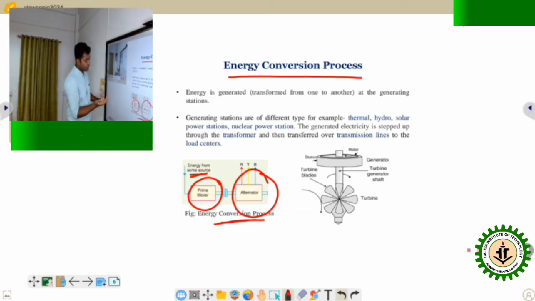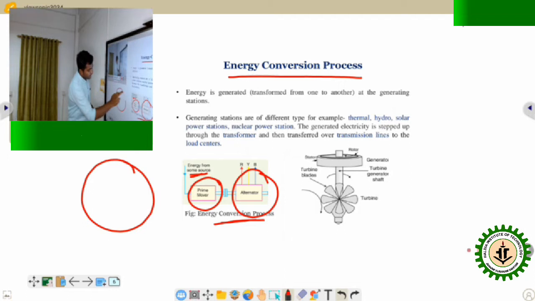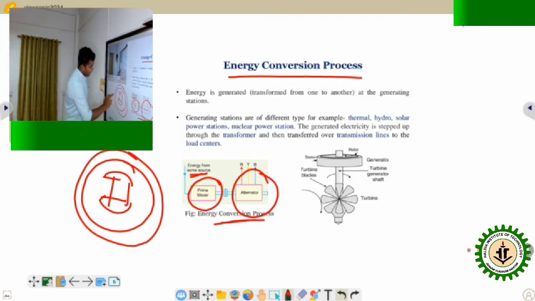You all know the alternator. Suppose this is one alternator and this is the rotor. The rotor is DC excited, so in the rotor there is a DC excitation, and this is the stator. The stator part is there in every machine, so there are two parts, the stator and this part, the rotor.